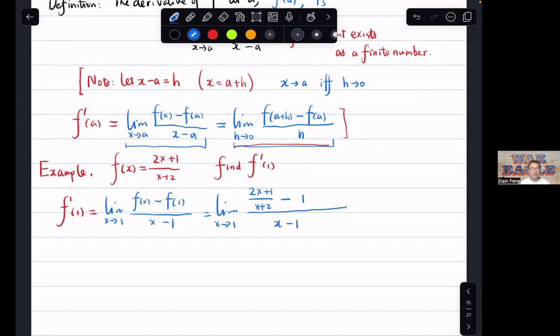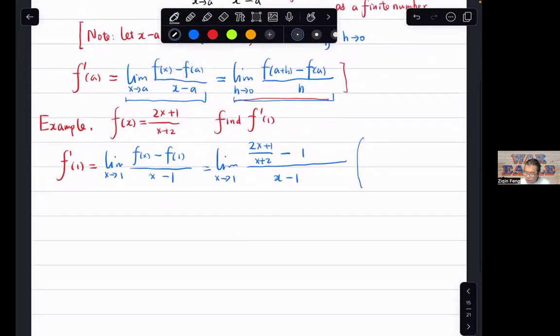Now, again, this is a 0 over 0 kind of limit. This is undetermined. So we want to cancel the zero factor in the denominator. How do we evaluate such a limit?